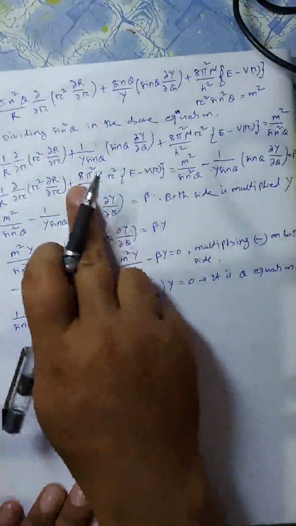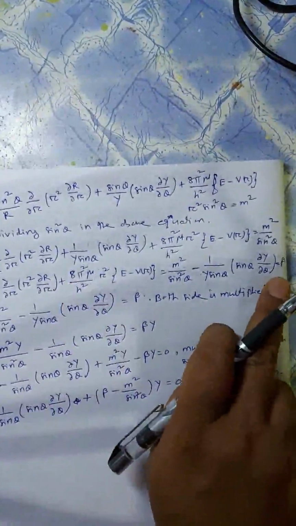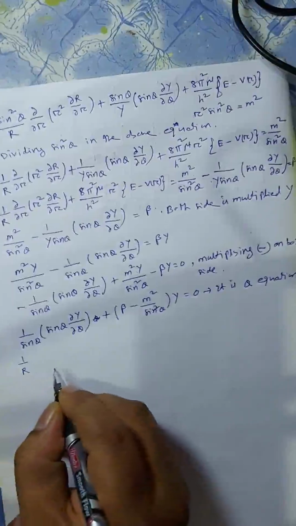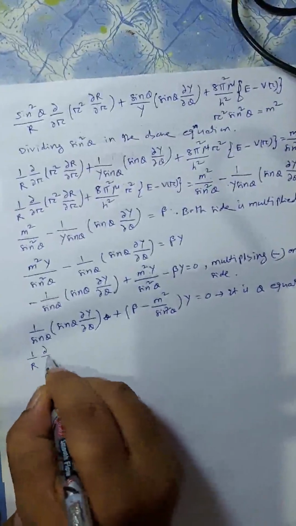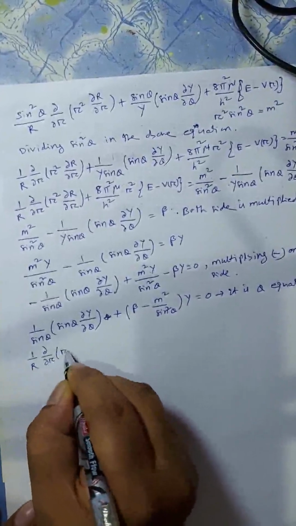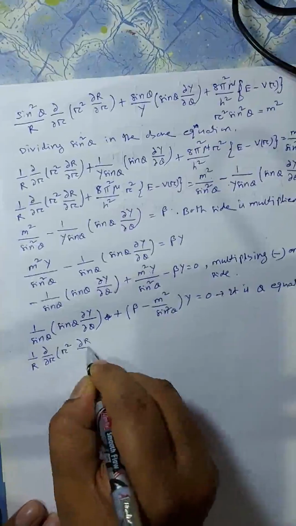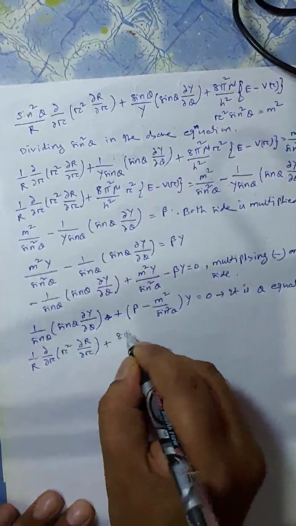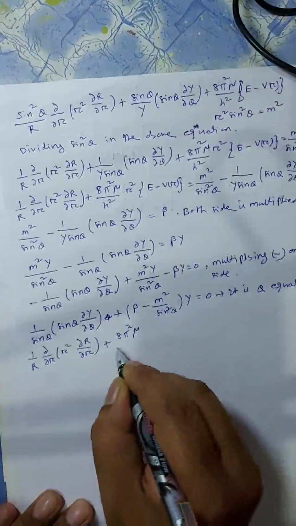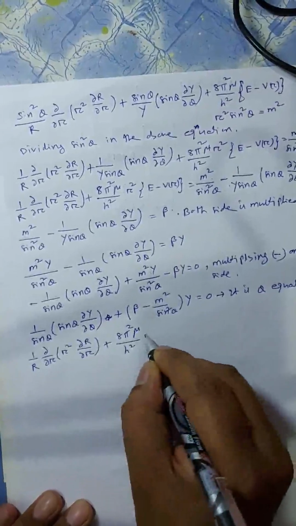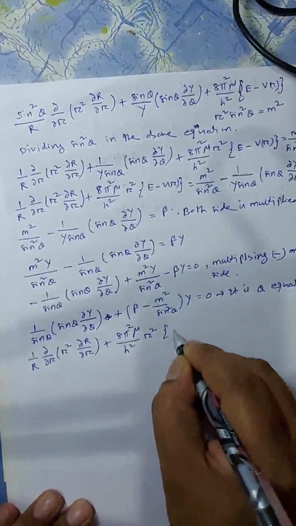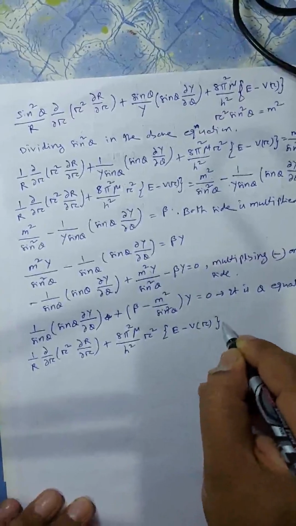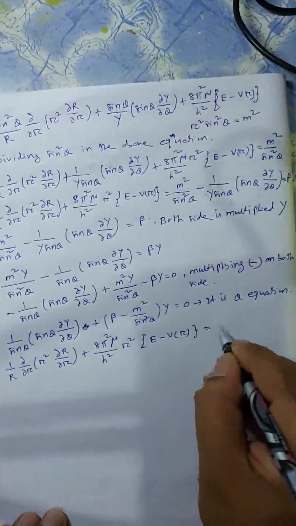I have to write this one, which is equal to beta: 1 by R, dou by dou r of r square dou R by dou r, plus 8 pi square mu by h square r square, bracket E minus V(r), is equal to beta.